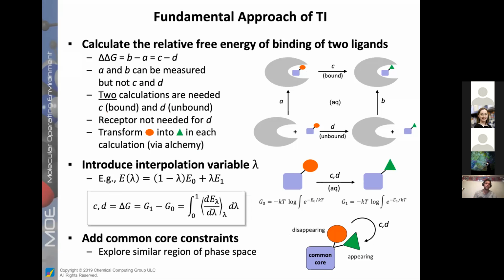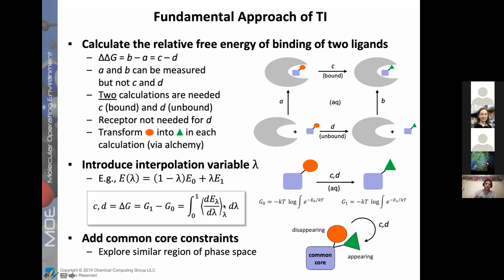And this is done in the context of the binding pocket, but the same alchemical transformation is also done in the unbound state. So this transformation is an integral. This integral we cannot solve directly. So we introduce in this field the lambda interpolation variable and then use numerical integration to solve the integral.